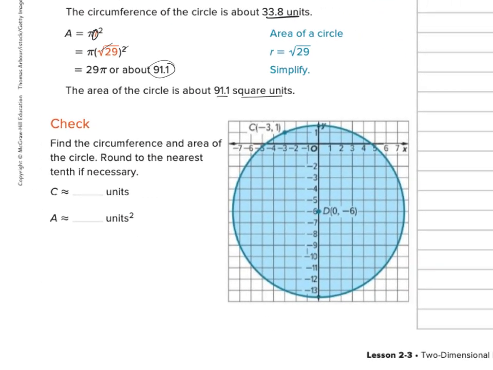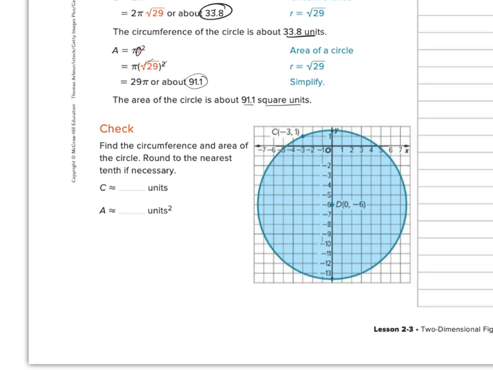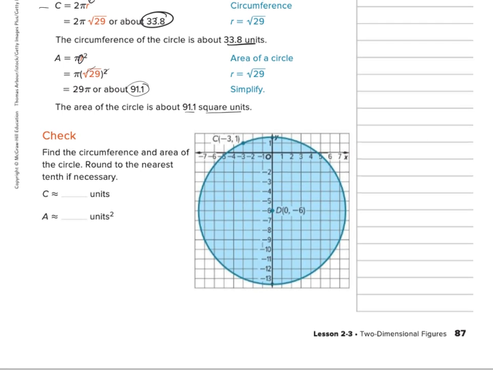So with that, looking here, doing this one problem, to find the circumference and area of a circle again, circumference equals 2 pi r, and the area is equal to pi r squared.